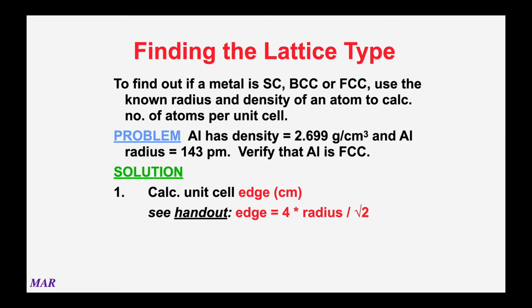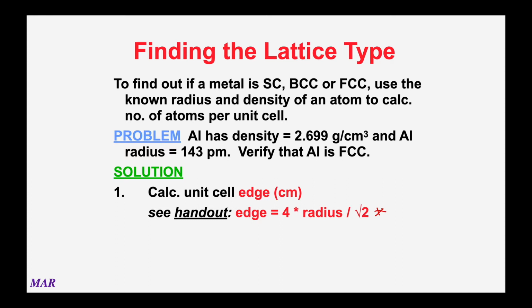Okay, so if aluminum is face-centered cubic, there's two things that'll tell us. One thing is that face-centered cubics have 4 atoms per cell. But the other thing is that if it's face-centered cubic, the edge of one of the cells is going to equal 4 times the radius divided by the square root of 2.